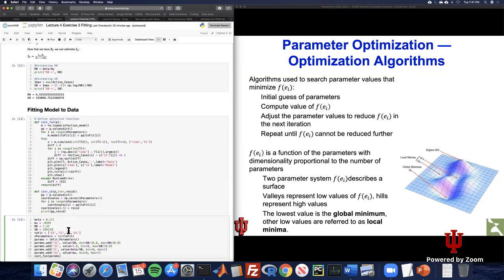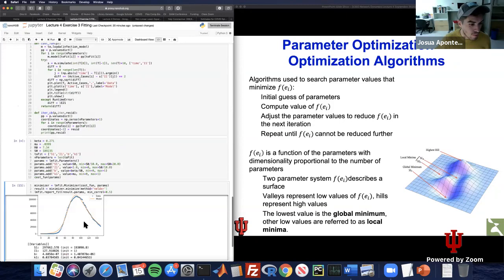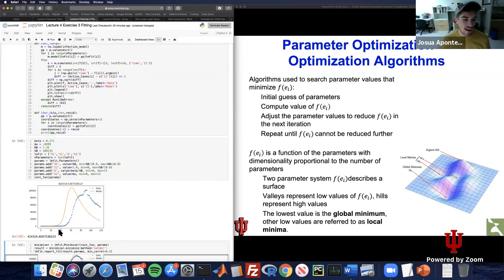Okay. So that's actually not that bad. This is the data from Spain, and this is the model predictions that we got from our averages.